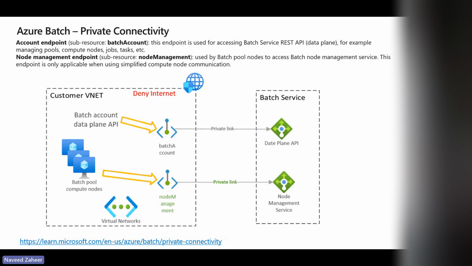In that case, that node management private endpoint comes into the picture. You will drop that private endpoint in the same VNet where your pools are, and they will be able to communicate through it. And you can lock down all outbound access at all if you want to.